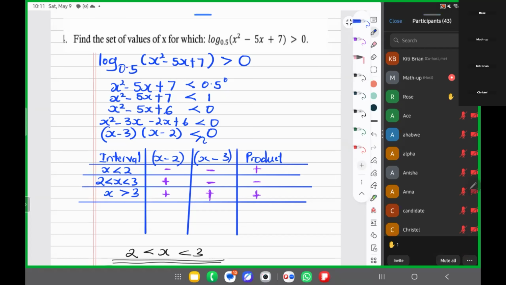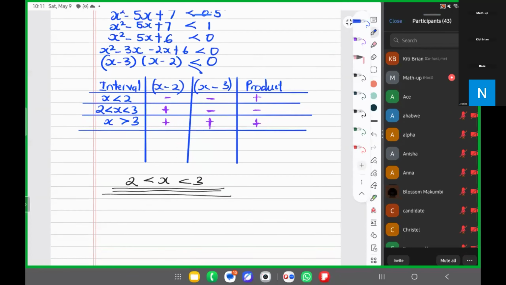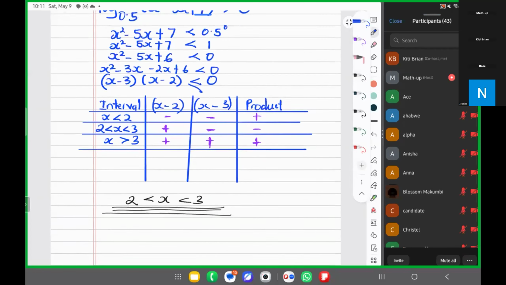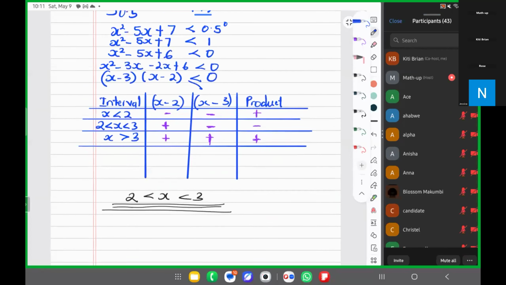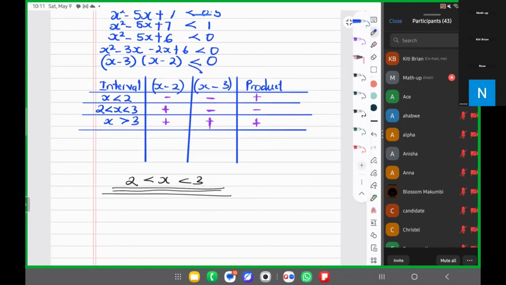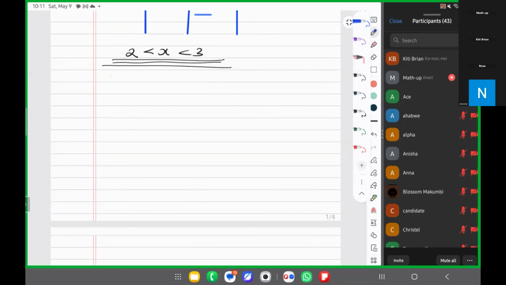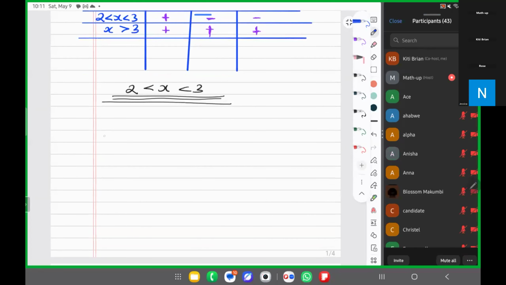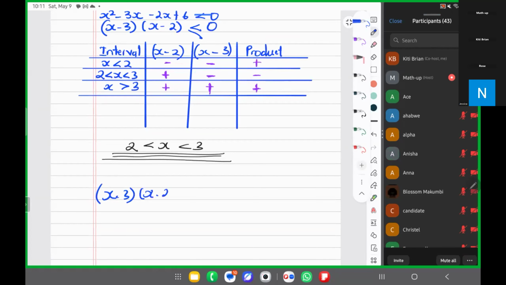So the condition is you want values of x that are less than or equal to 0. So we have x minus 3 and x minus 2 being less than or equal to 0.